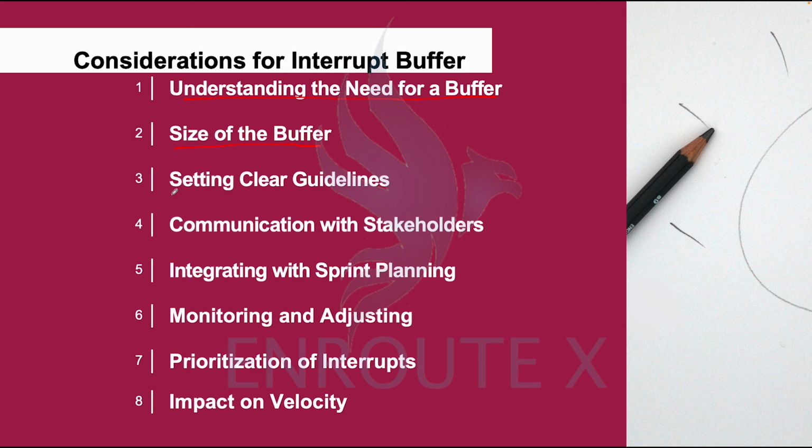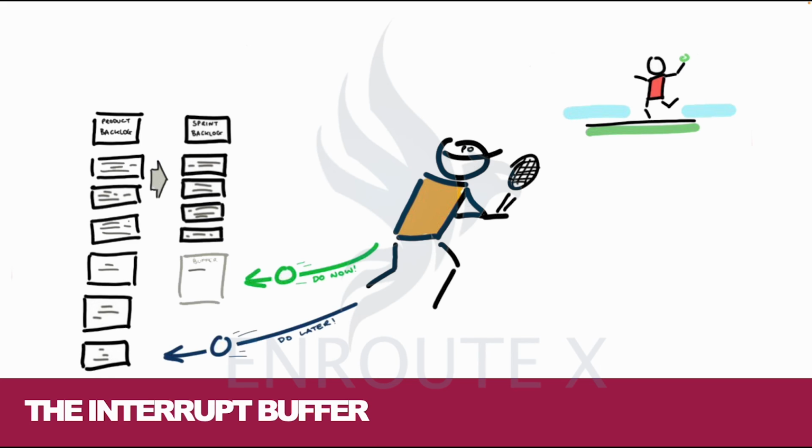Then, of course, you need to set clear guidelines. Where clear guidelines come to play is that not all requests would jump on the interrupt buffer. There are some, as we saw in that first slide, that would go back to the product backlog.